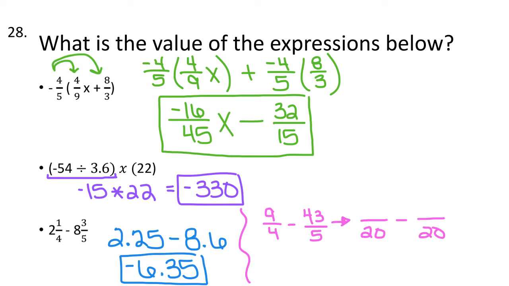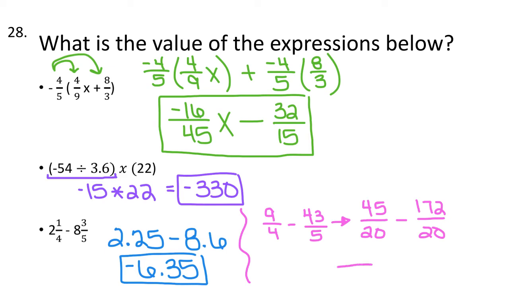And the 4 becomes a 20 by multiplying by 5. So 5 times 9 is 45. And the 5 became 20 by multiplying by 4. And 43 times 4 is 172. So now I'm ready to subtract my fractions.